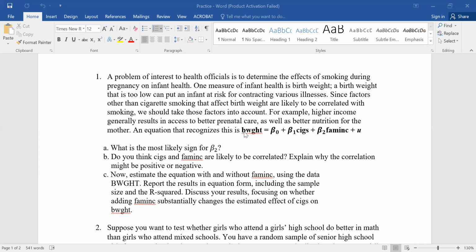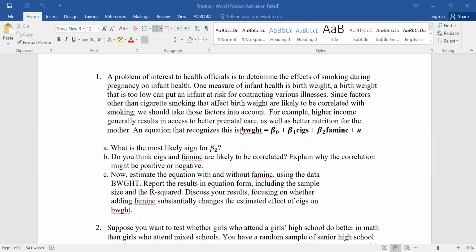If a consultant from the Ministry of Health came to me wanting to learn the effect of cigarette smoking, recently they are talking about the effect of galamsey on your health, I can specify a regression model like this: the birth weight of the infant equals beta 1 times the number of cigarettes the mother smokes per week, the number of sticks, and then this is family income.